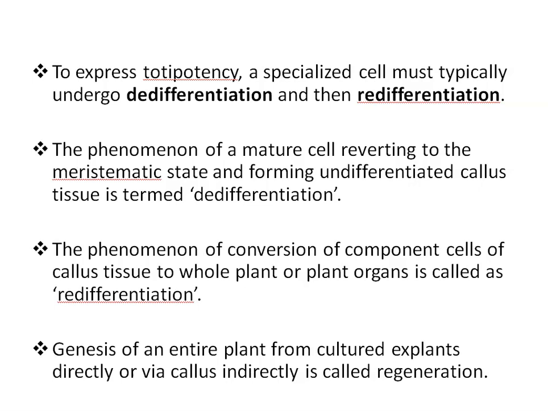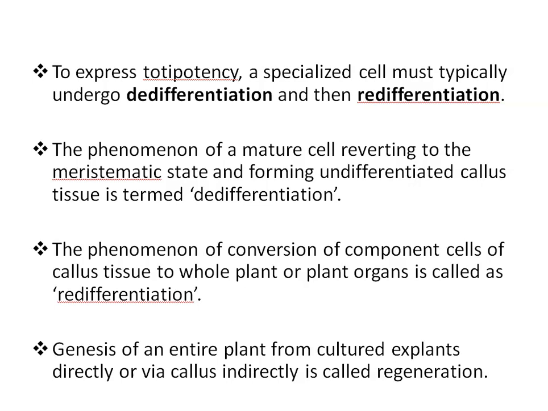The term differentiation is used in many different senses in biology, and it is defined as the process by which meristematic cells are converted into two or more types of cells, tissues, or organs which are qualitatively different from each other. So, to express totipotency, the specialized cells must typically undergo two processes, dedifferentiation and then redifferentiation.